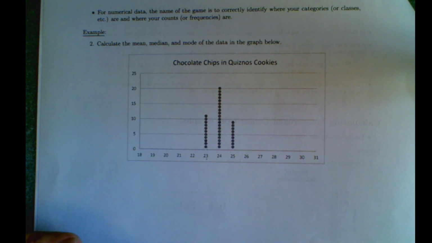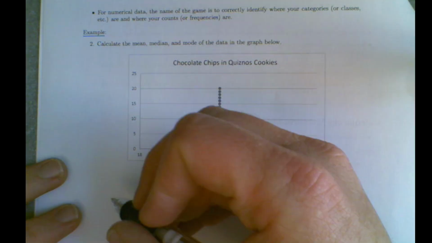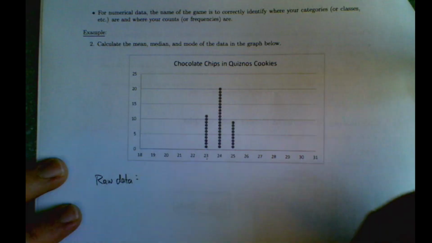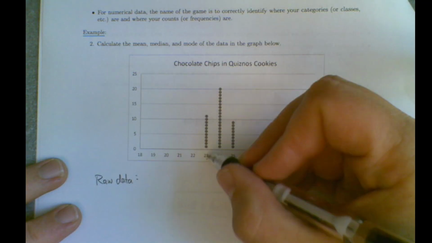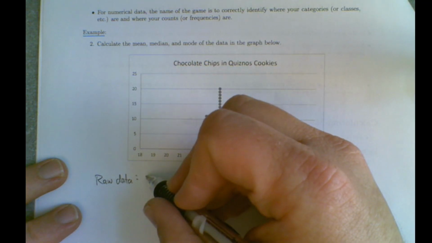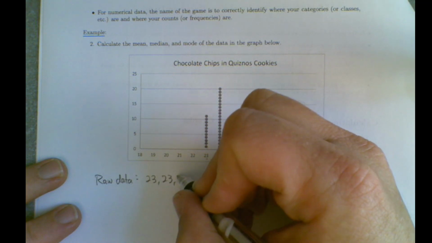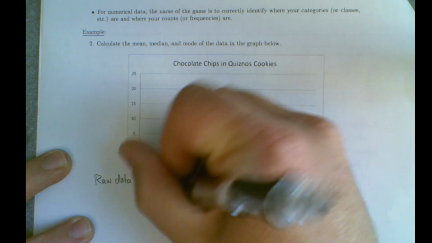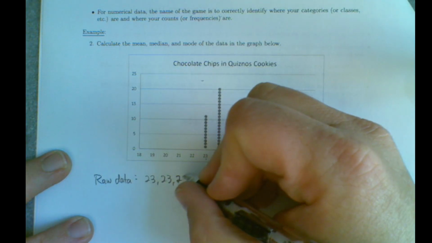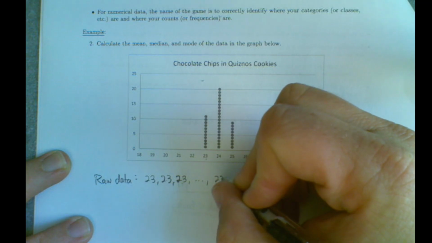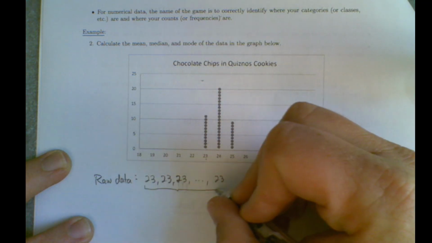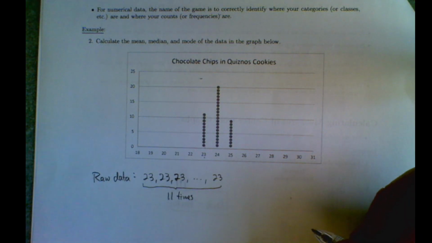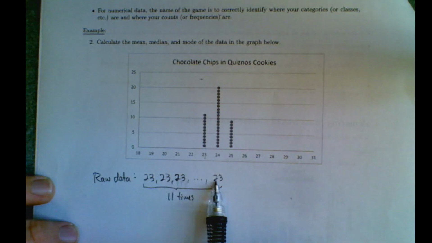So one way that I could indicate that, if I'm trying to reproduce what the raw data looked like, is I could say there were 11 cookies with 23 chocolate chips in them. So this would be 23, 23, 23, 11 times.